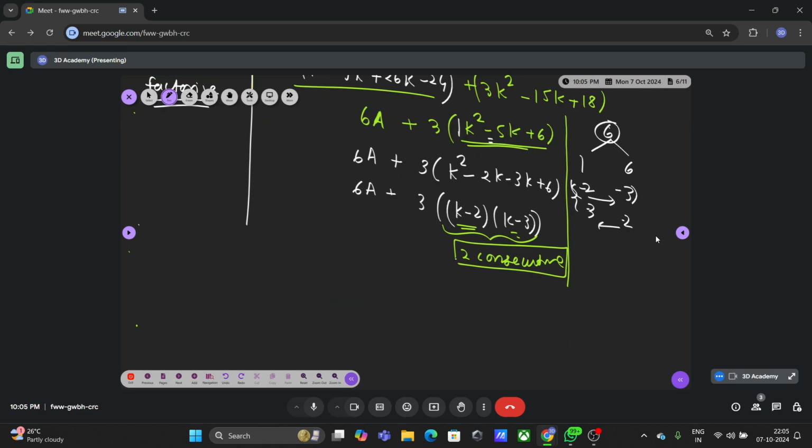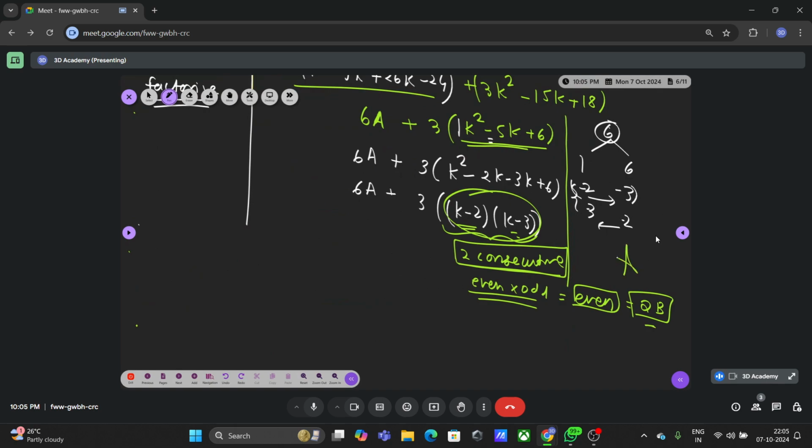So whenever two consecutive terms are there, one of them will be even and the other one will be odd, and even into odd will always give us an even answer. So these terms are always going to be even only. So even terms are always divisible by 2. That's why I will write them as a multiple of 2.